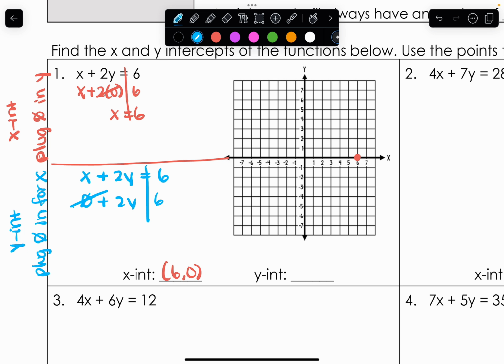That cancels out, and you're just left with 2y equals 6. So the only step is dividing by 2. 6 divided by 2 is 3, making the y-intercept 0, 3. And once you have at least 2 points on the line, you can create your line.